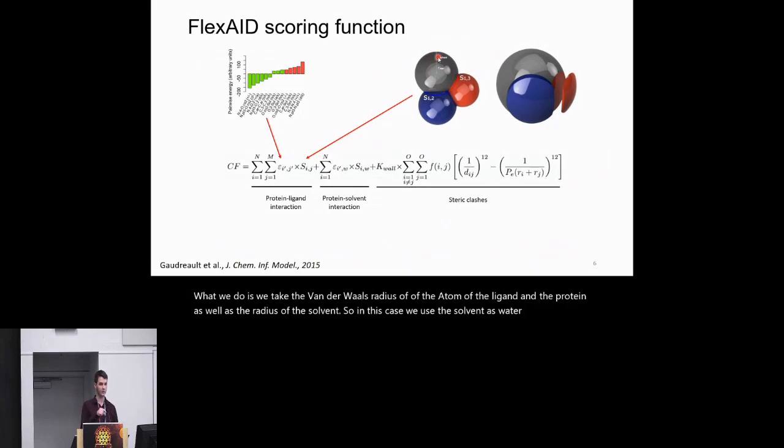So we got 1.4 angstroms times 2, plus the ligand van der Waals radius, which usually goes from 1.5 to 2. On average, this ended up being close to 6 or 6.5. And I tested different numbers going from 2 to 8, and 6.5 ended up being the best one.